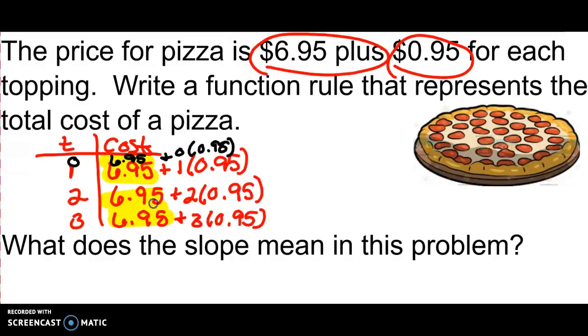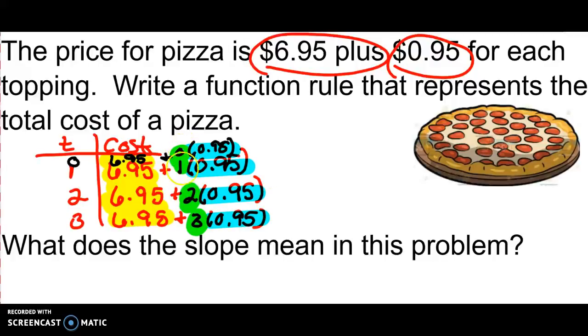So that's my constant. It's not changing at all. So that is my initial value or my Y. If I look next, what's changing is this part here, the 0, the 1, the 2, the 3, the number of toppings. And then the 95 cents stays the same no matter what.